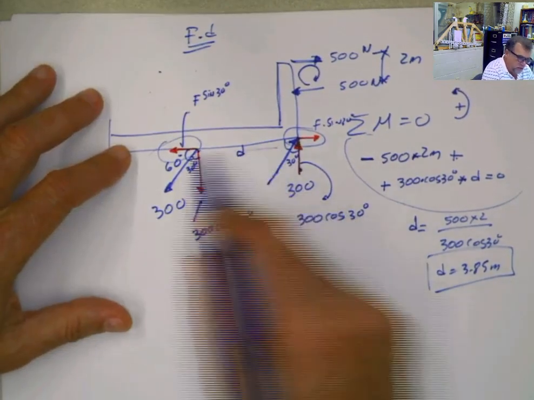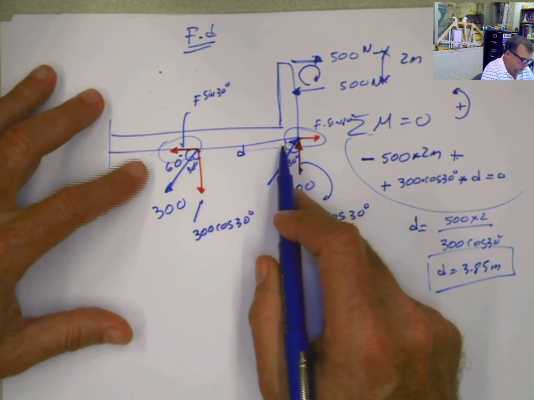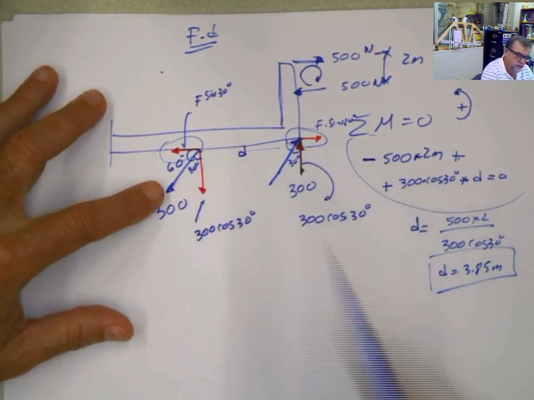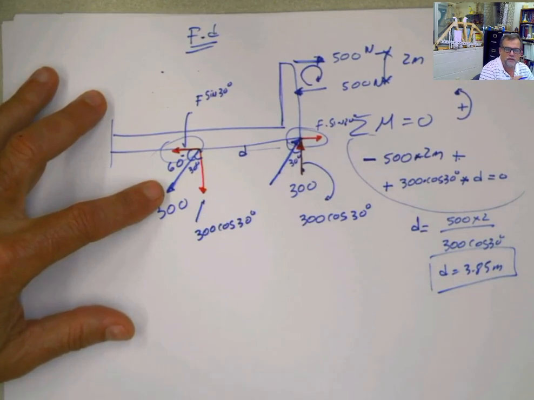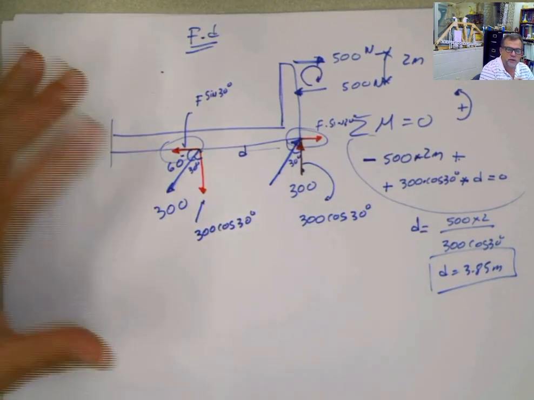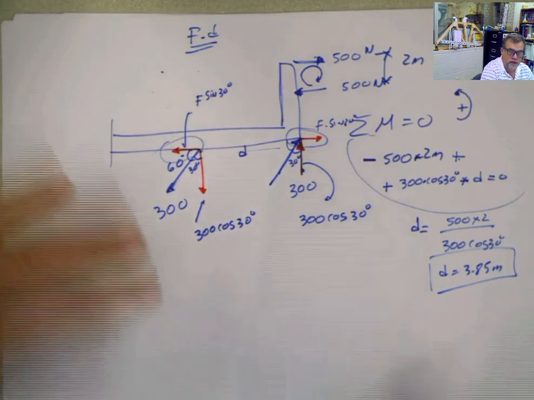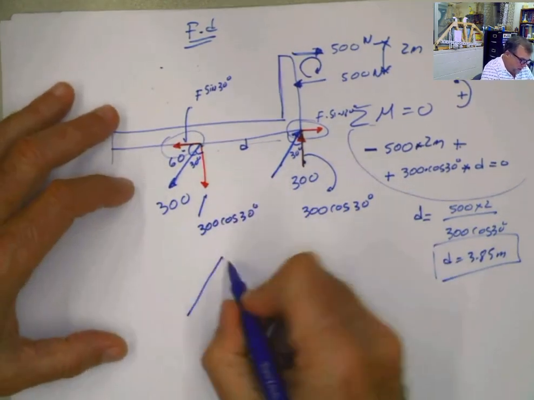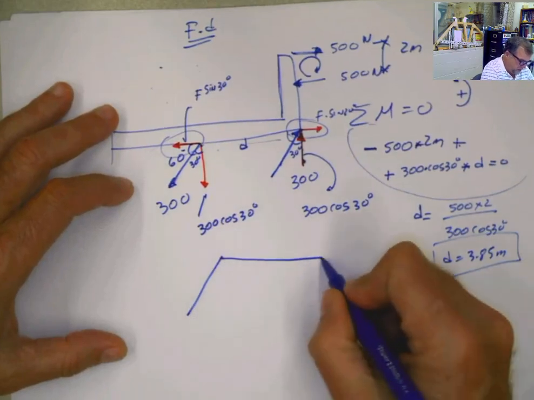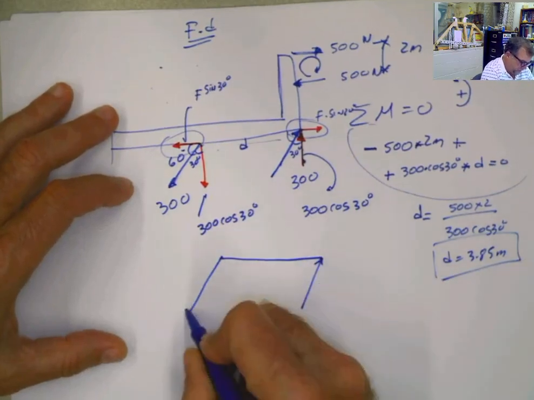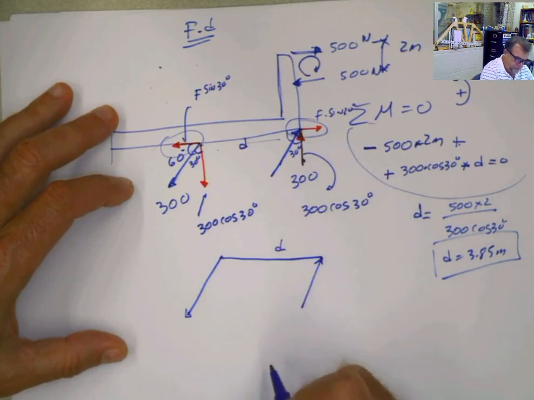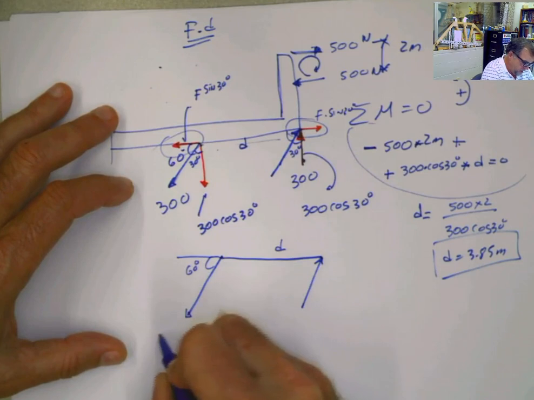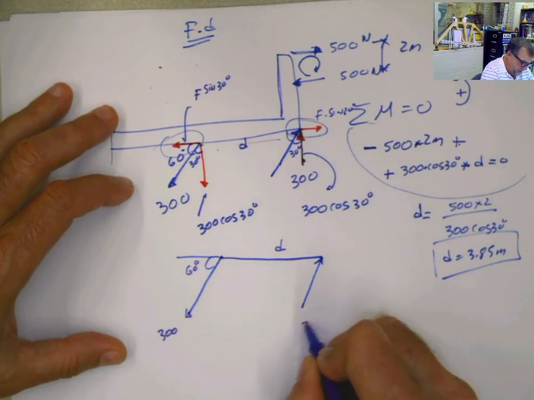Now this problem I could have solved differently also, because I could have gotten this problem here and say, oh, remember the one we did before where instead of finding the distance perpendicular to the force, I can have the force perpendicular to the distance? Well, I can do something like that. In this case, I have something like this, and this is d, and I know this distance here is 60, and I know this is 300, and this is 300.